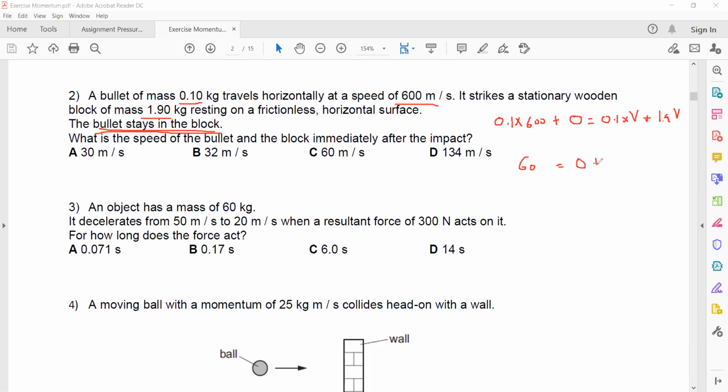This equals 0.1v plus 1.9v, so 60 is equal to 2v. If 2 is multiplied, on the other side it will be divided, so it will be 30 meter per second. The momentum for two objects before collision is equal to the momentum after the collision. That's the conservation of momentum.